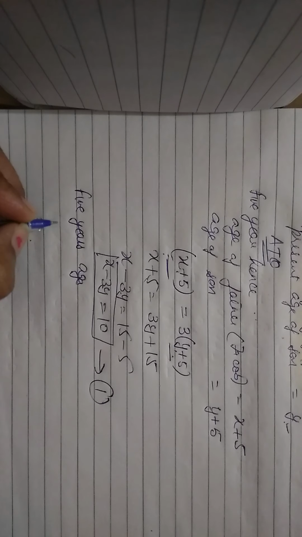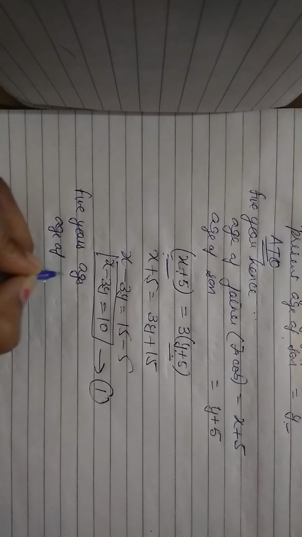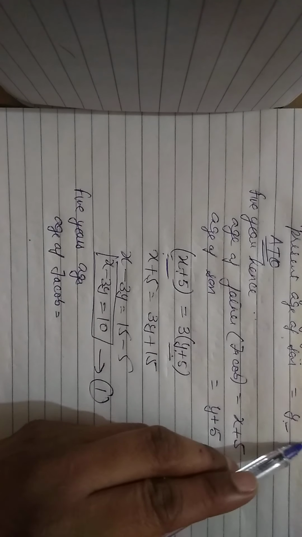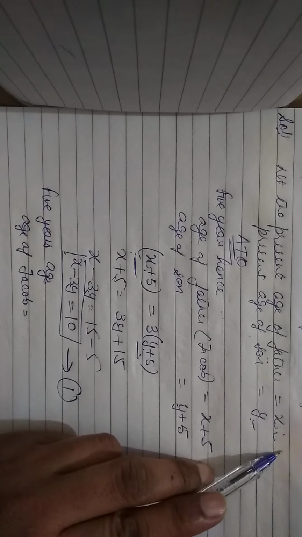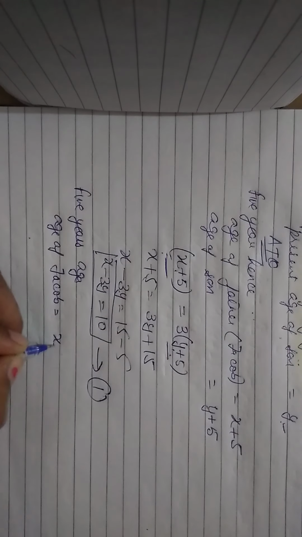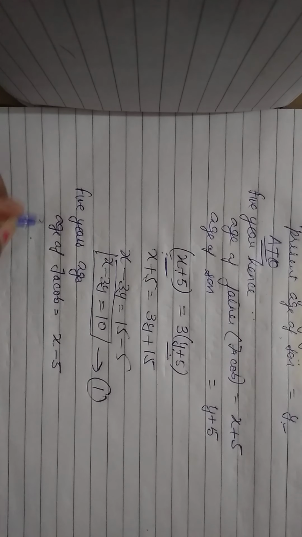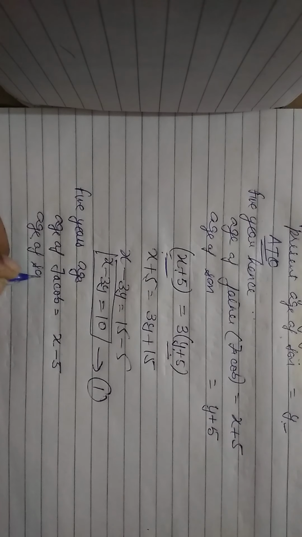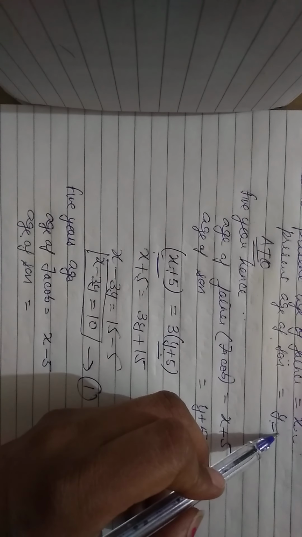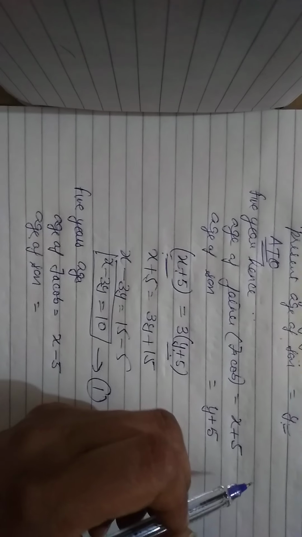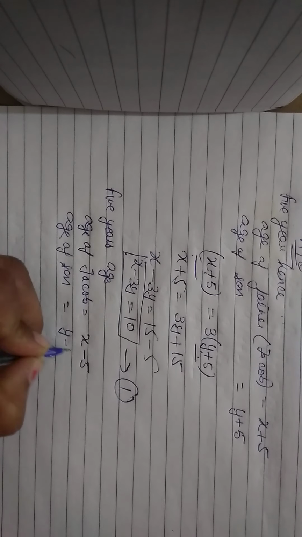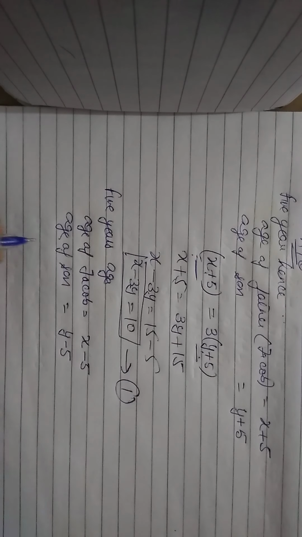Now the age of Jacob before 5 years: now his age is x, 5 years before his age is x minus 5. Similarly, the age of his son, now y, 5 years before is y minus 5.